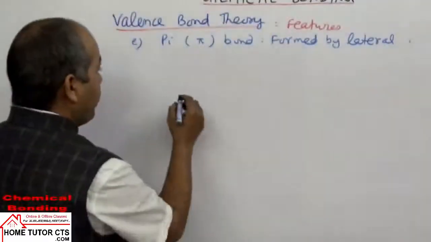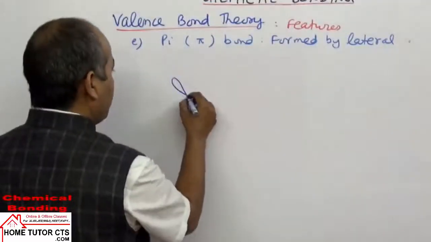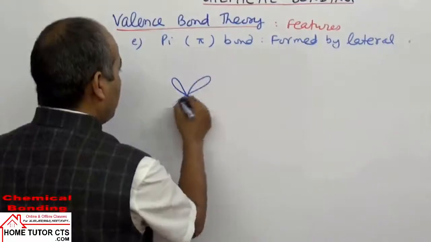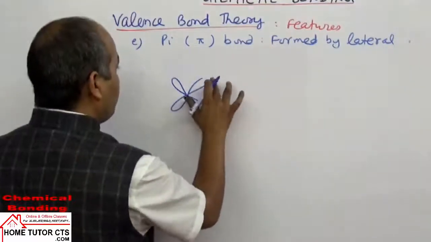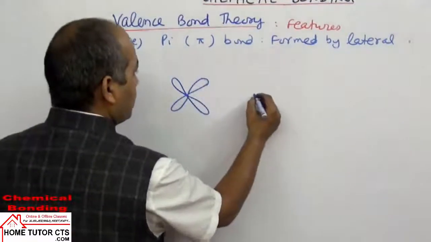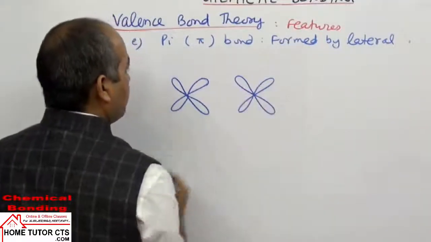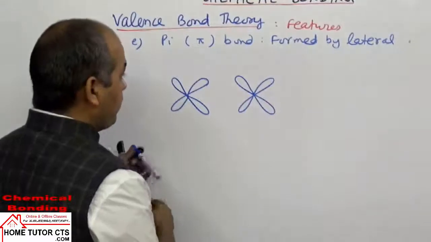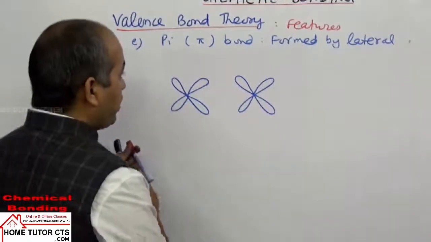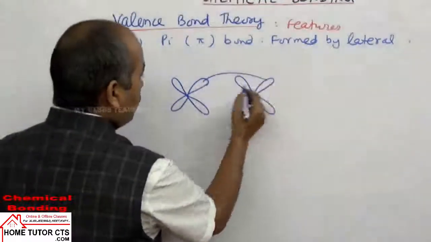Means if I take overlapping of 4 lobes, when overlapping of 4 lobes takes place, the lobes to be selected are the ones which are parallel.